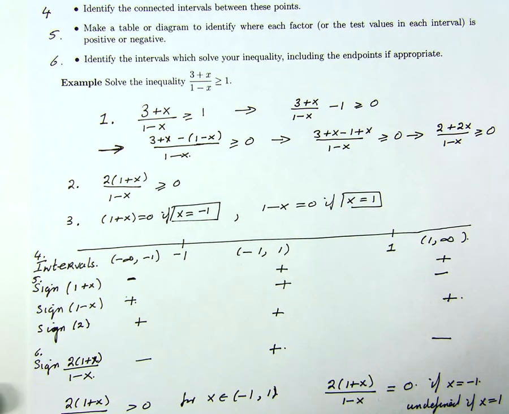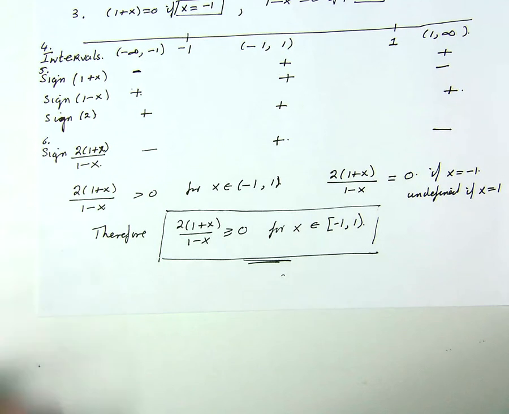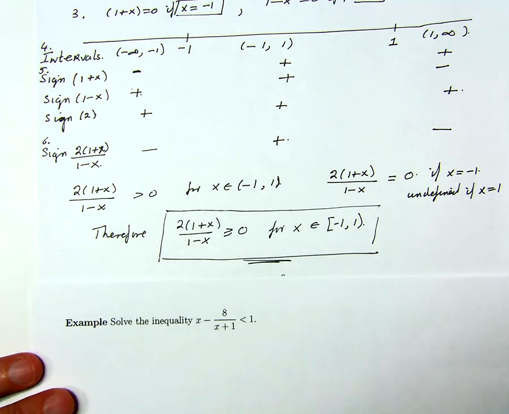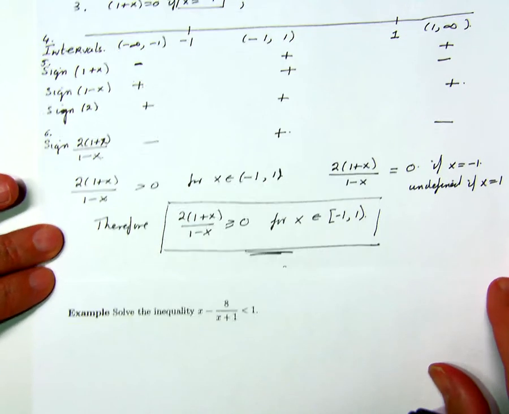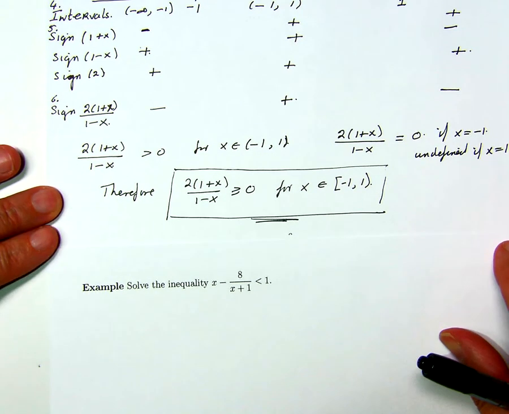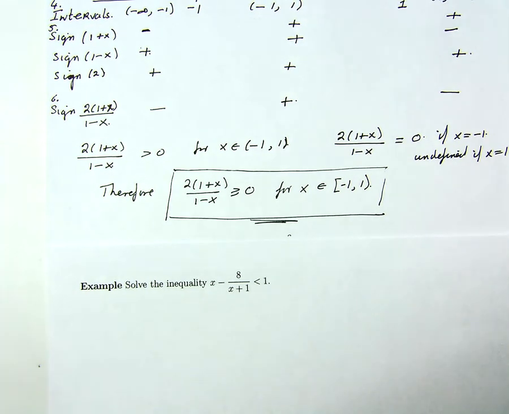So that preserves the equivalence, or the solution set, of the inequalities. You might want to attempt to solve this inequality. Again, you'll use the same strategy, and watch the next video to find the solution.